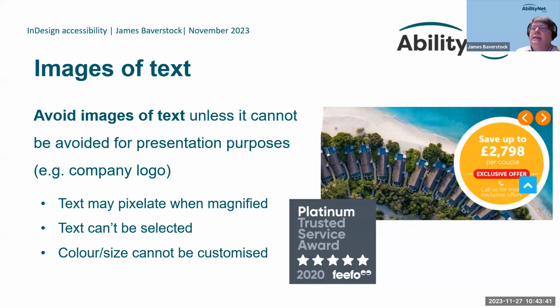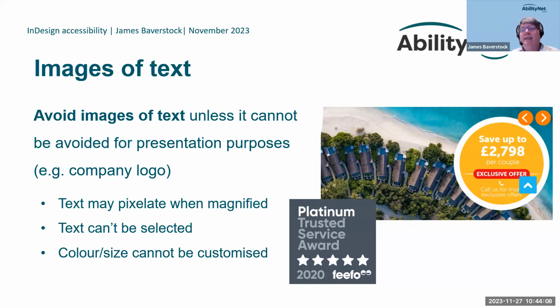This is something else that's pointed out by the Web Content Accessibility Guidelines, that you don't want to use images of text unless you absolutely have to. Now, this is because you might have users using screen magnification, so they may be magnifying the screen, and text may pixelate when it's magnified, so it might become more difficult to read if somebody's using a screen magnifier and you've used images of text.